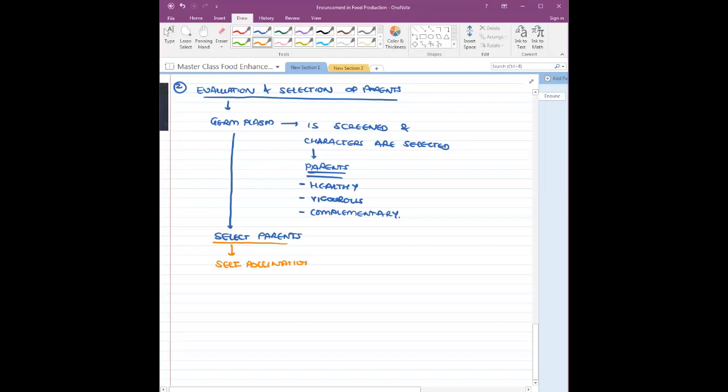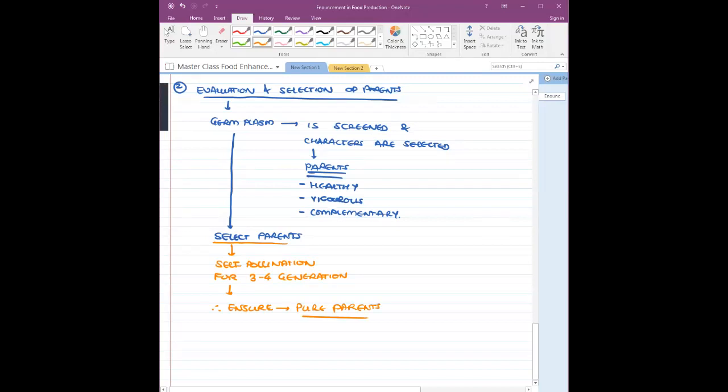And for how long? Self pollination for a minimum period of 3 to 4 generations, so as to ensure that they are pure plants only, and that the characteristics are true.